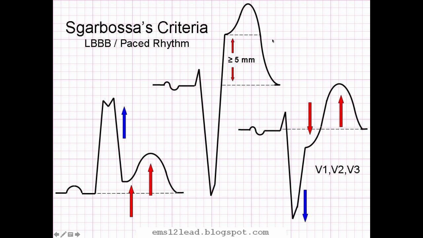The excessively discordant complex, we're still going to send that in and see what they think about it. That's kind of the gray area there. So that's Sgarbossa's criteria. We can apply this to left bundle branch blocks and ventricularly paced rhythms.